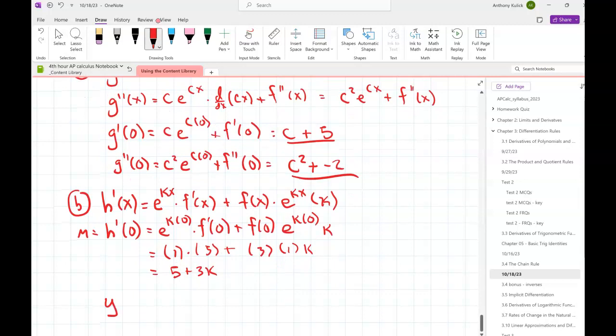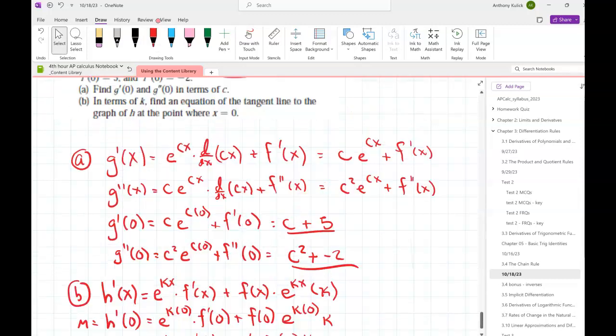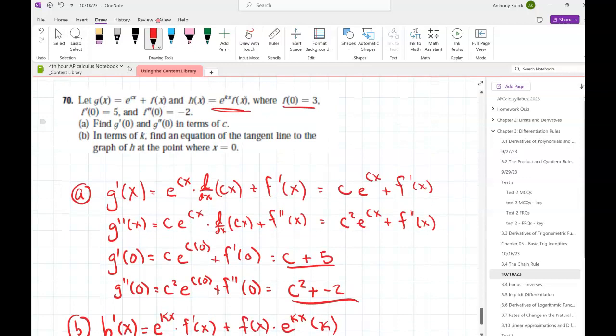And the point we're using is going to be 0, 3, right? Because that's my x and y.